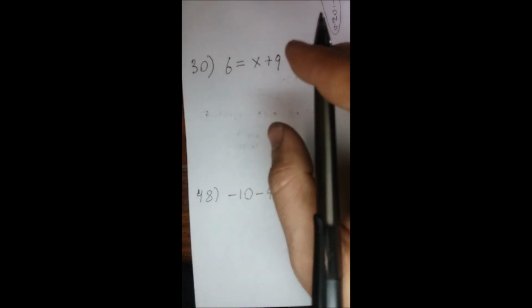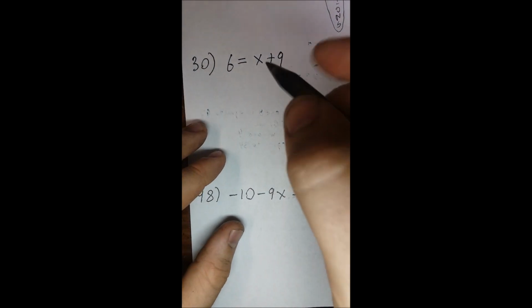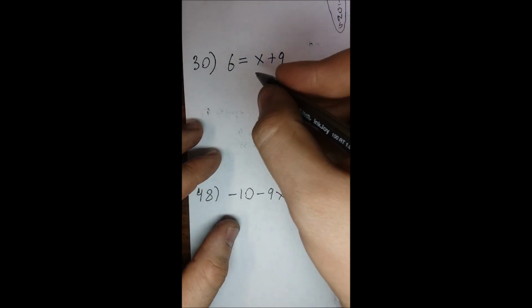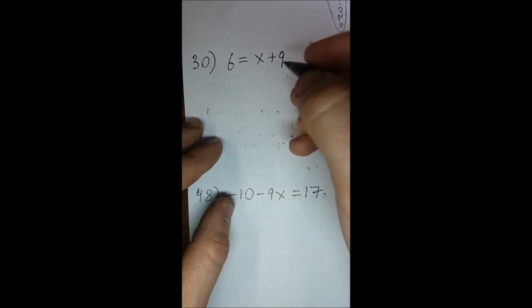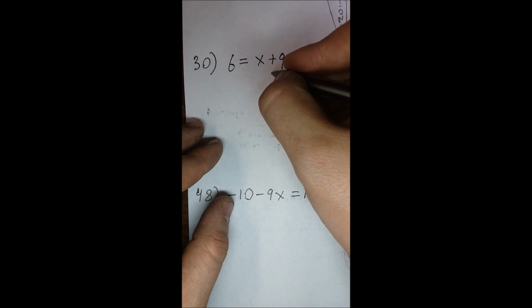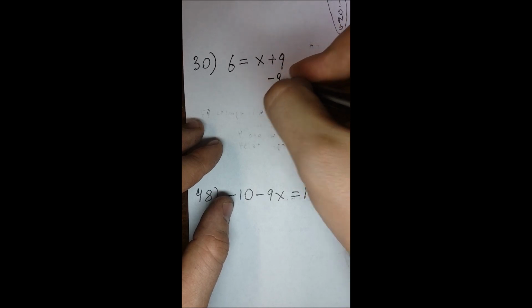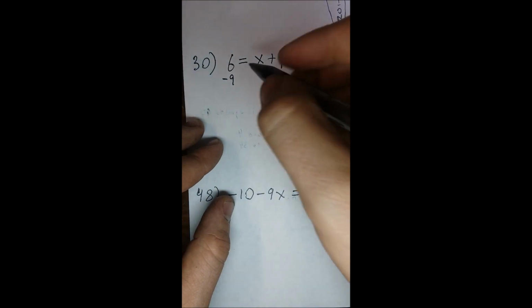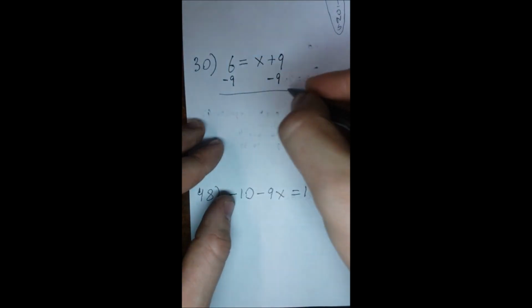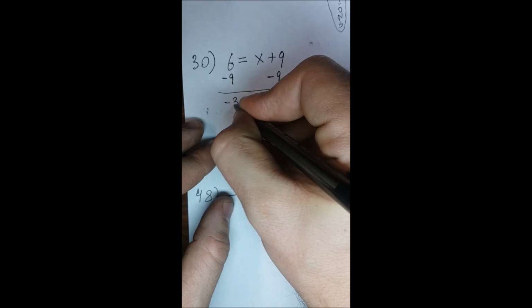Now, next two examples are going to be a lot easier because here we get addition and subtraction. So if you have added 9 to x, you've got to subtract 9 from the right and subtract 9 from the left as well. So 6 minus 9, you get a negative 3.